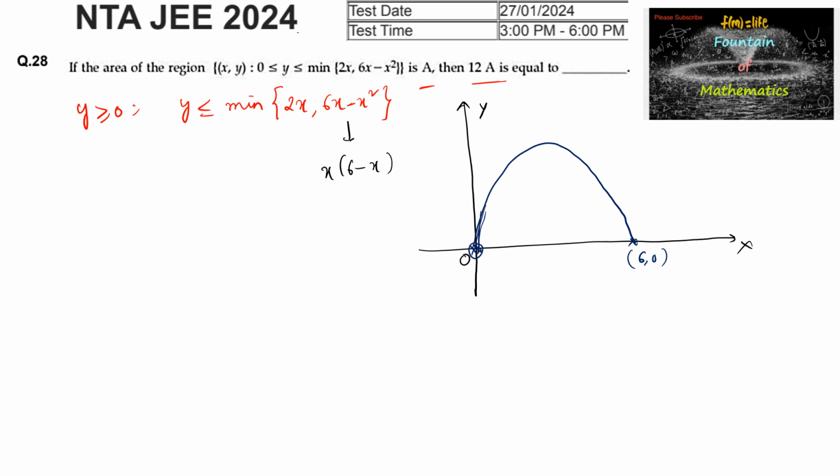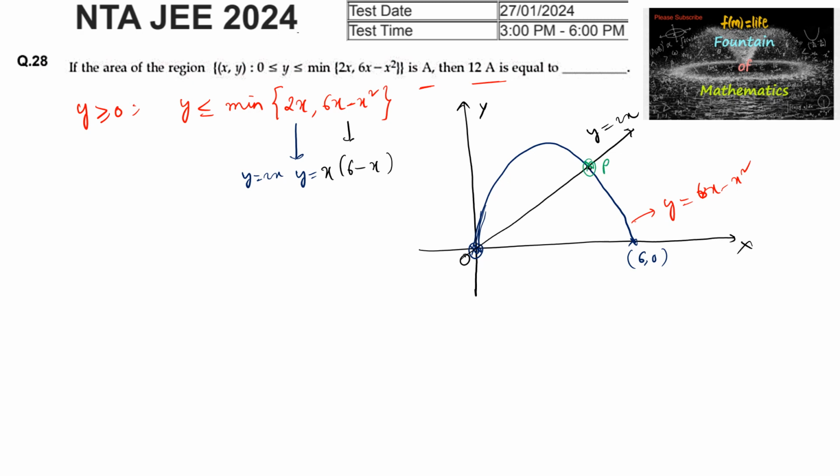And now another line, y = 2x, is a straight line. So here is the graph y = 6x - x^2, and let us consider the straight line y = 2x. It is passing through the origin, and let us find the point of intersection here.